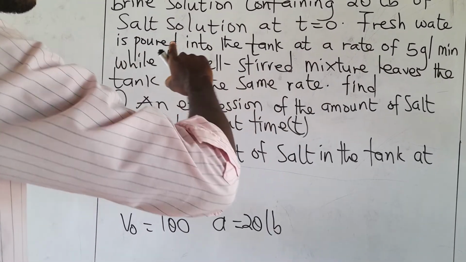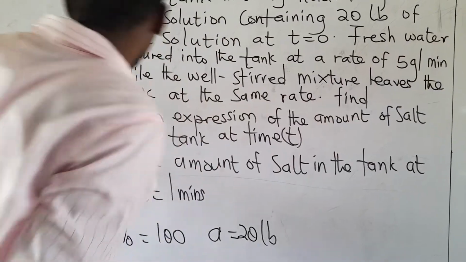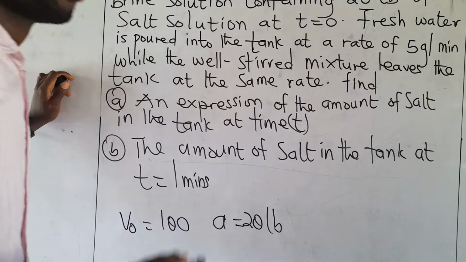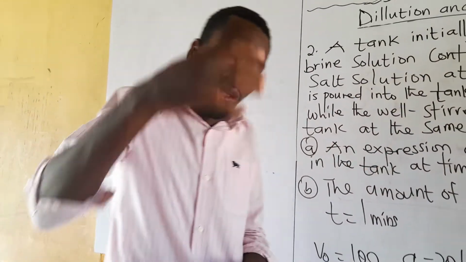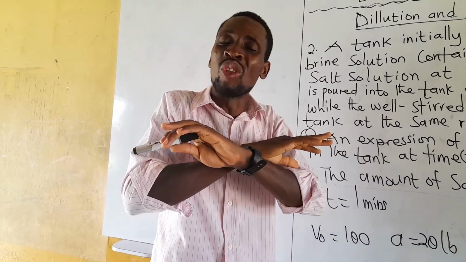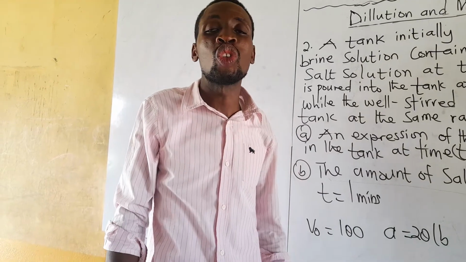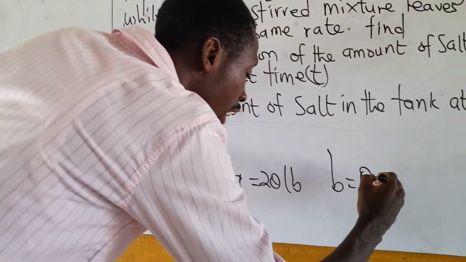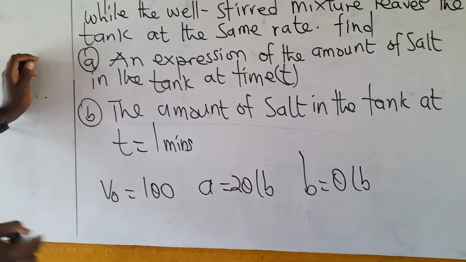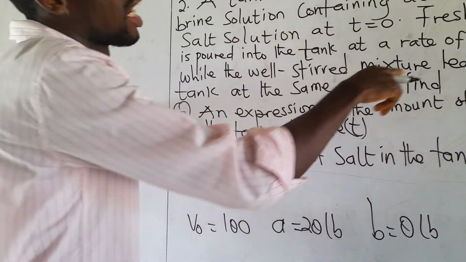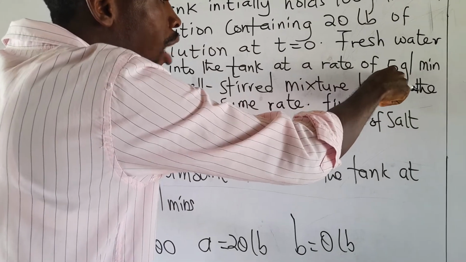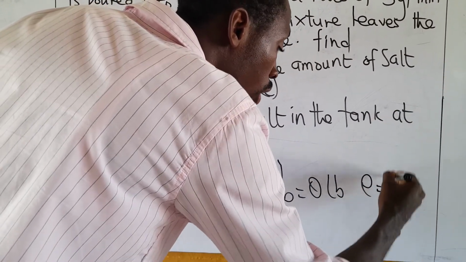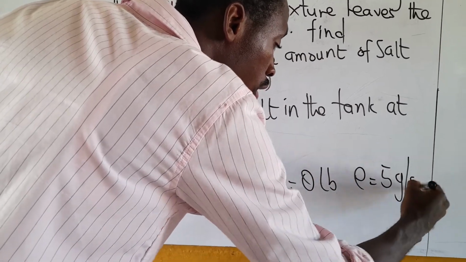Fresh water is poured into the tank. Now when we pour fresh water into the tank, that means it does not contain any quantity of salt. So we can say that our B there is 0 pounds of salt. Then it's entering the tank at a rate of 5 gallons per minute. So that's our E, the rate at which it enters, which is 5 gallons per minute.